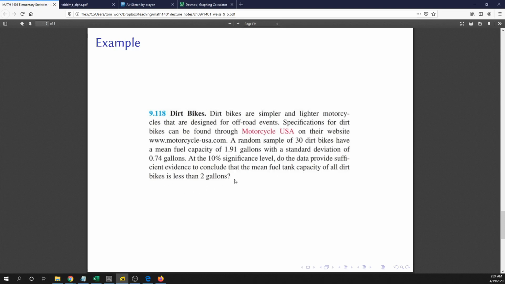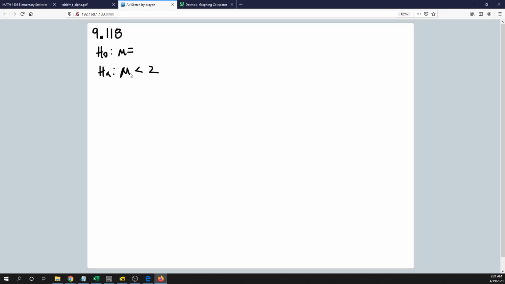So that's what we're testing, whether the mean is less than 2. That makes our alternative hypothesis that mu is less than 2. That's going to make our null hypothesis mu equals 2.